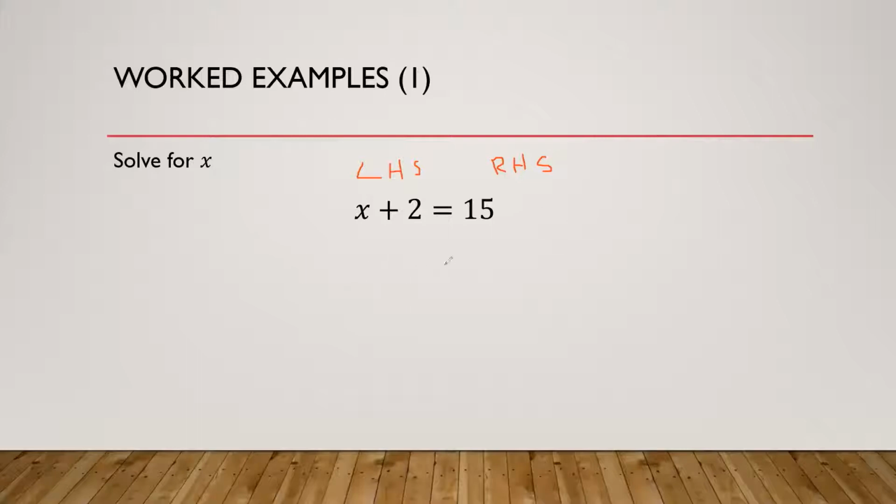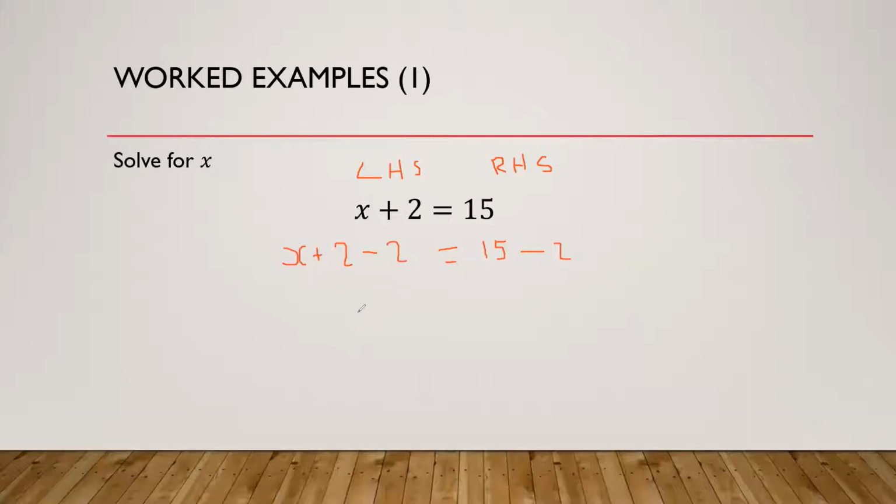So here, I'll now have x plus 2 minus 2. Then I'll do the same on the other side, 15 minus 2, right? So I've taken away 2 from the left-hand side, and I also take away 2 from the right-hand side.